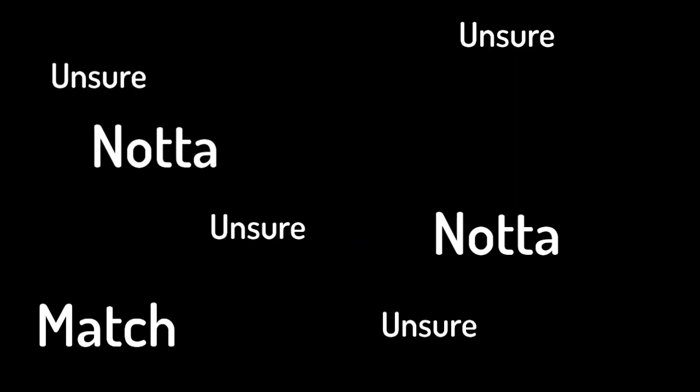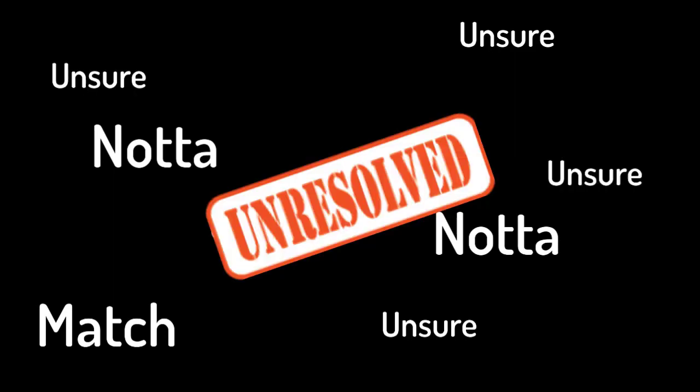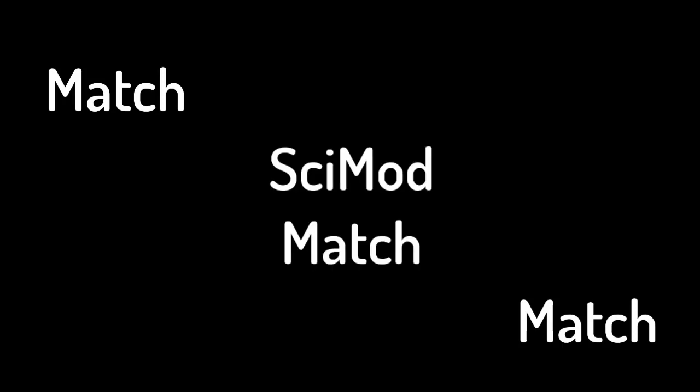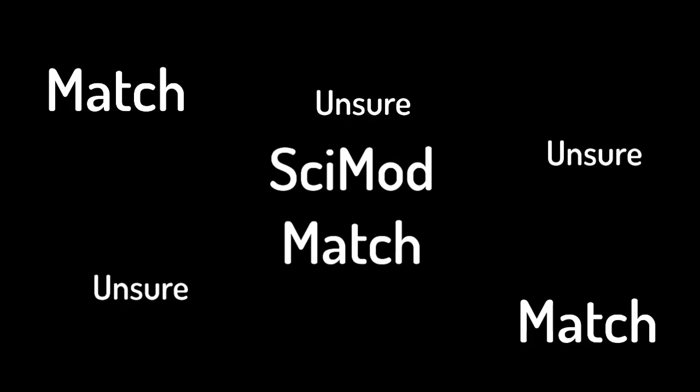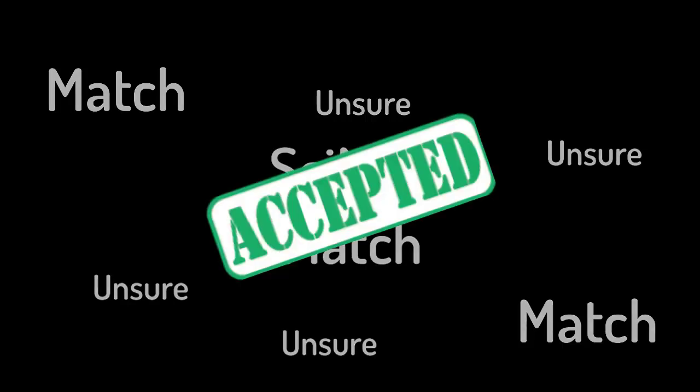If there's a mixture of votes, it goes to the Unresolved Challenges Board to be discussed again toward the end. If a proposal receives at least 2 match votes from volunteers and a match vote from a science moderator, and it hasn't received any nadas, even if some volunteers are unsure, then the proposal is accepted.